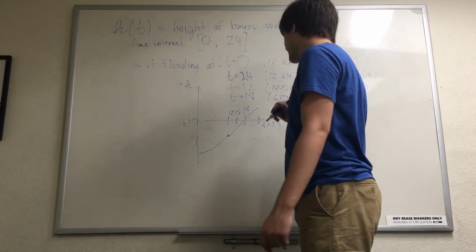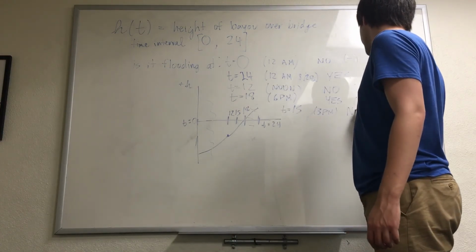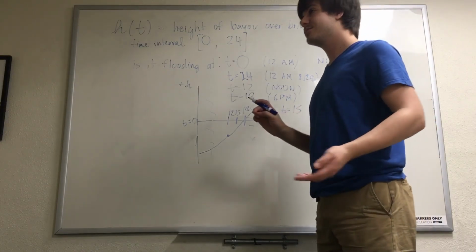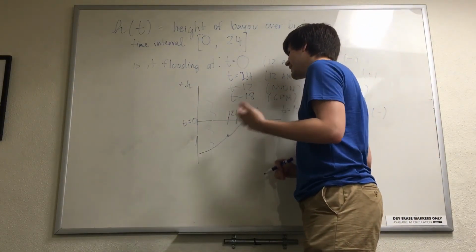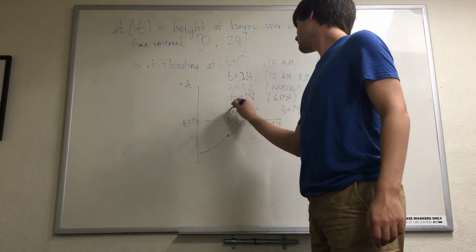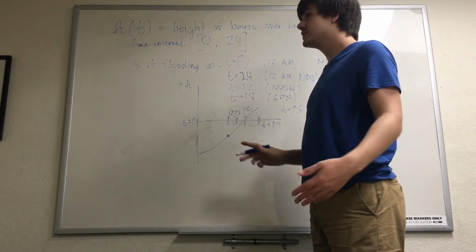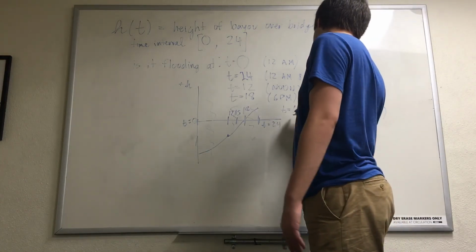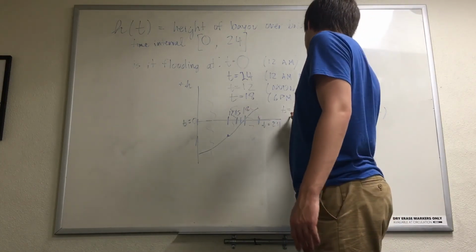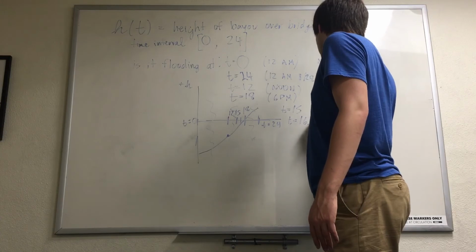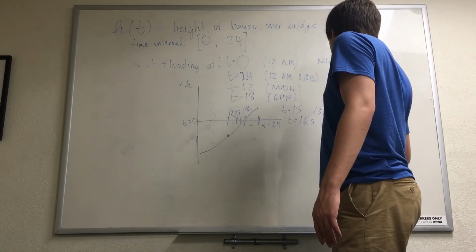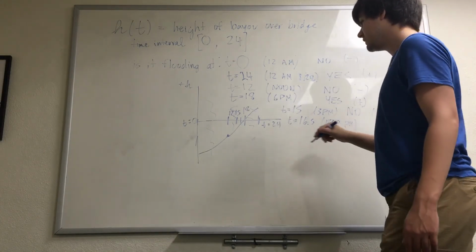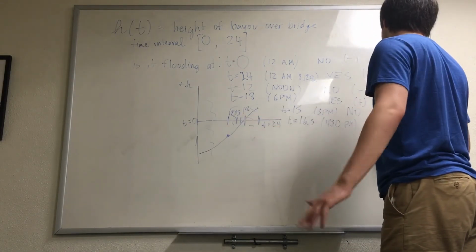And we look at the picture and we determine no, it wasn't flooding, or that the value of the height function is negative. So we then know that the sign change, or the time it started flooding, was between 3 and 6 p.m. And we could try t equals 16.5 or 4:30 p.m. And we'll see maybe it's not flooding.